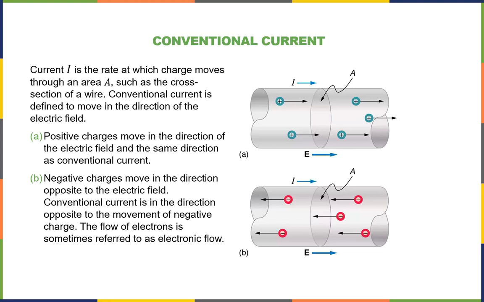The symbol I is the symbol for current, right there. The current is the rate at which charge is passing by. And so the units are going to be unit of charge, coulombs, divided by unit of time, seconds.